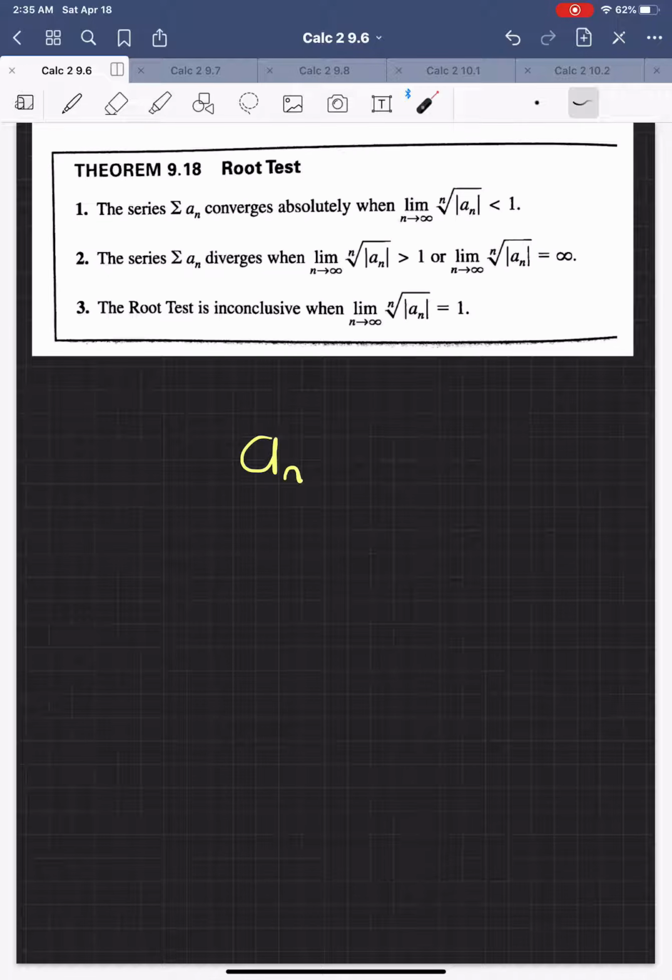And then we'll come back and talk about when it converges, diverges, or is inconclusive. As you can see, it's very similar to the ratio test. In fact, it's very hard to figure out whether you should use a ratio test or a root test, at least in the beginning, and sometimes you just try both.